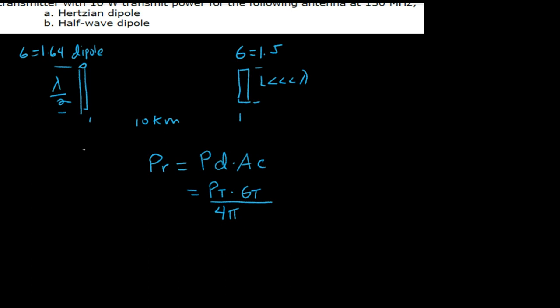So, lagay ko muna is R squared. Mamaya na natin i-substitute yung mga values. Times the captured area. Captured area is gain naman ng receiving antenna, multiplied by lambda squared divided by 4 pi. Okay, so lambda natin is wavelength, speed of light divided by the operating frequency.